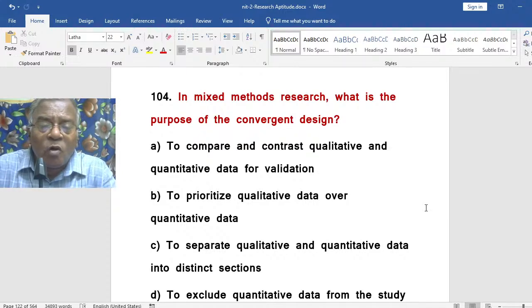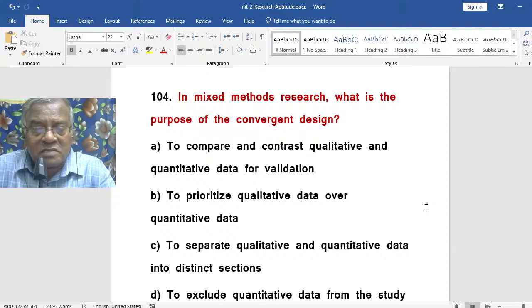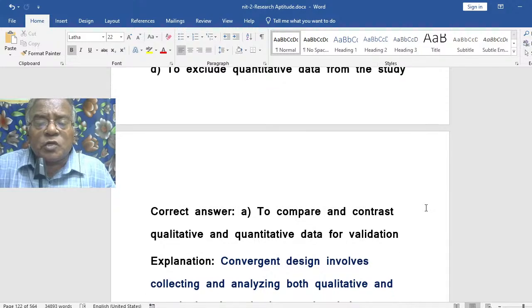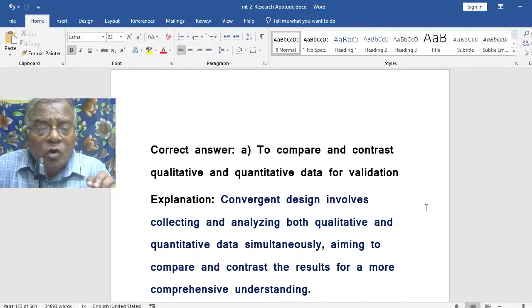Out of these four alternatives, which is the correct answer? In mixed methods research, what is the purpose of the convergent design? That is to compare and contrast qualitative and quantitative data for validation of the results.